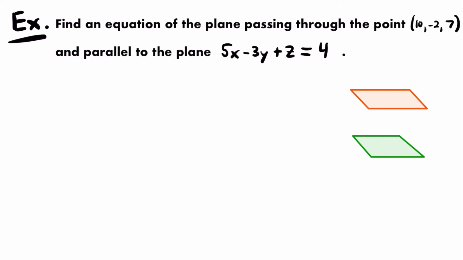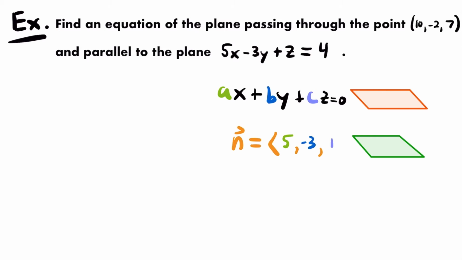Remember that the general form of an equation of a plane is a times x plus b times y plus c times z, and that's equal to 0. And a, b, and c are the components of the normal vector for that plane. So in this case, a is 5, b is -3, and c is 1. That's the coefficient of z. So the normal vector for the plane that we've been given would have components of 5, -3, and 1.